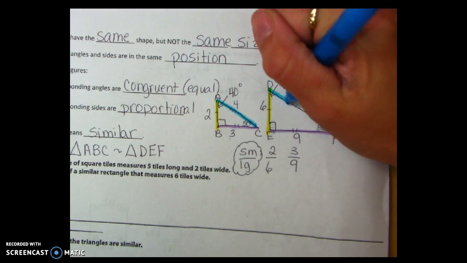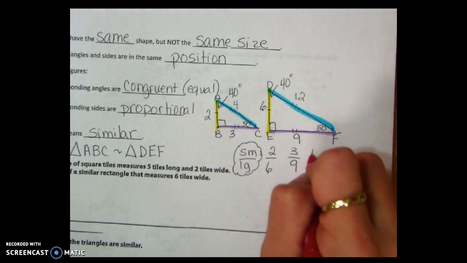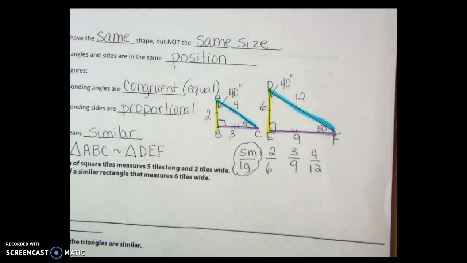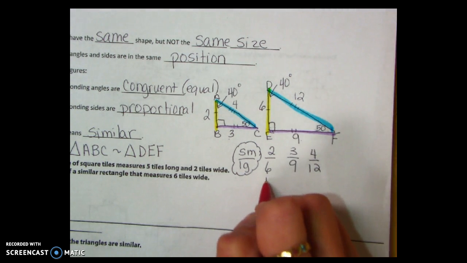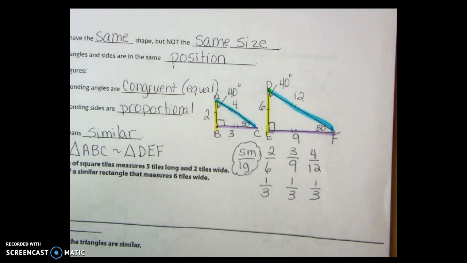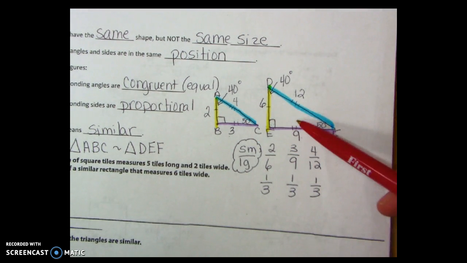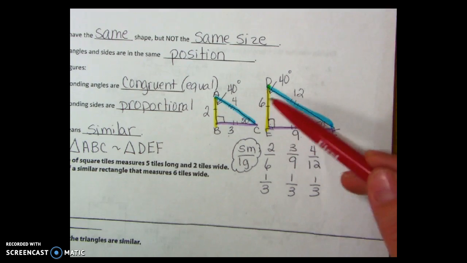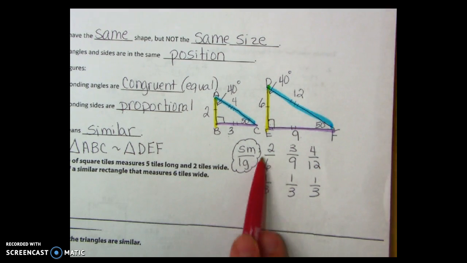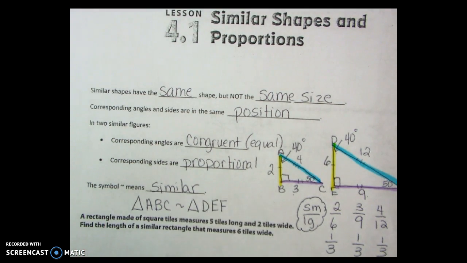This side corresponds to here, which is your 4 and 12. So all 3 of those ratios, if I simplified them, would give me 1 to 3, 1 to 3, and 1 to 3. So they are all proportional because they all simplify to the same thing. So on these two triangles right here, the angles are equal on all of them, and the sides are proportional. So that makes it similar because it fits both of those two criteria.